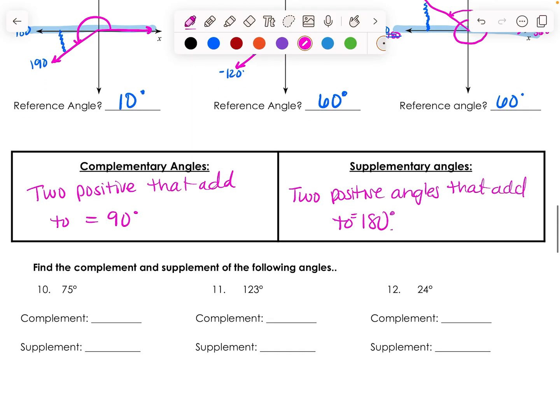All right, so when you're doing these, I always give you an angle. So the complement to that means 75 plus what equals 90. So that would be 15. Want these two together to make 180, so this would be 105.